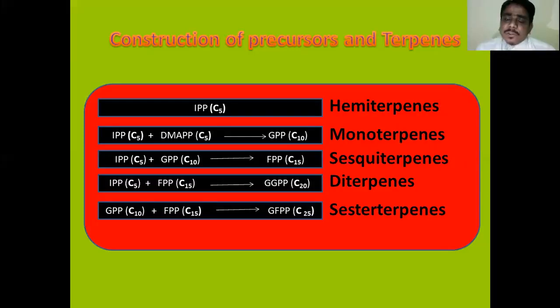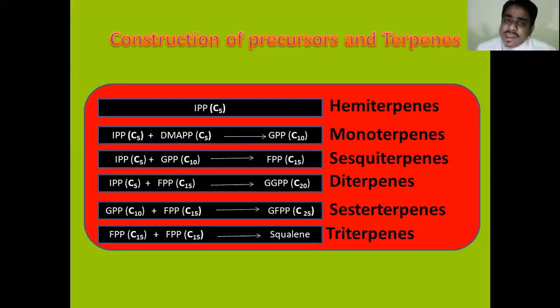Geranyl farnesyl pyrophosphate, GFPP, contains 25 carbon atoms. It is the precursor for the sesterterpenes. GFPP is formed by combination of GPP and FPP. And lastly, squalene contains 30 carbon atoms. It is the precursor for all the triterpenes, and squalene is formed by the combination of two FPP units.